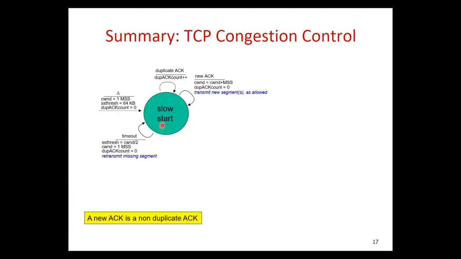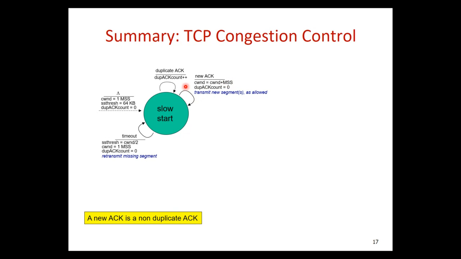In the slow start mode, whenever there is a duplicate ACK, it will increment the counter. If there's a new ACK, which simply means an ACK that is not a duplicate, a normal ACK, it's going to add one MSS to CWND.